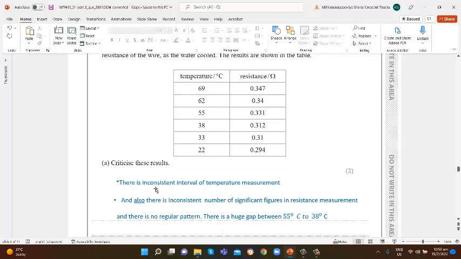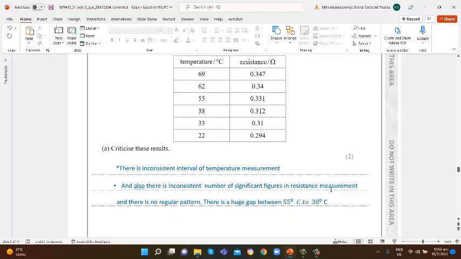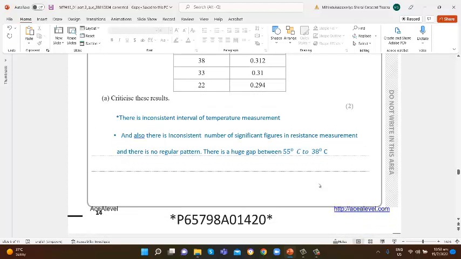There is inconsistent interval of temperature measurement, and also there is inconsistent number of significant figures in resistance measurement, and there is no regular pattern. There is a huge gap between 55 and 38. You can write that.